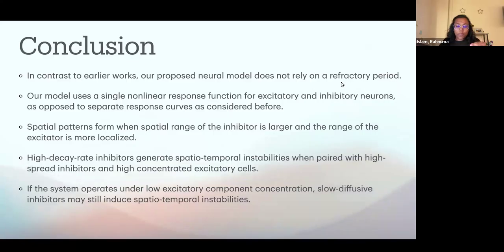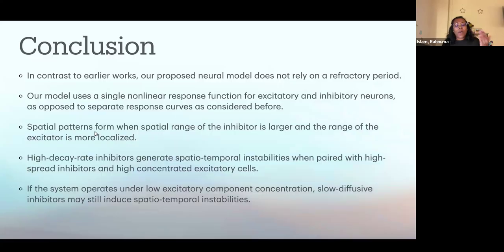So the pigmentation is directly related to the neural activity. The second thing is that we use a single nonlinear response for both excitatory and inhibitory rather than using separate response functions, and that reduces the number of parameters that we have to use for our model.